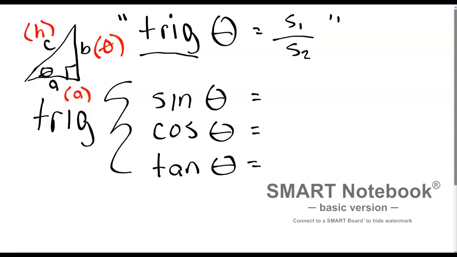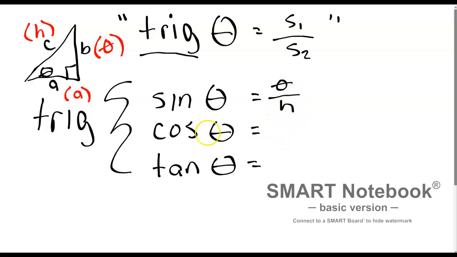So how is that going to be useful? Well, when it comes to sine theta, in terms of theta, they're looking for two sides. The first side is going to be opposite over hypotenuse.